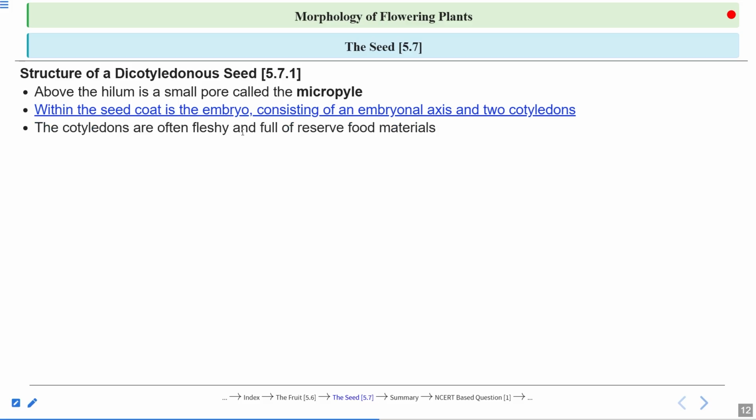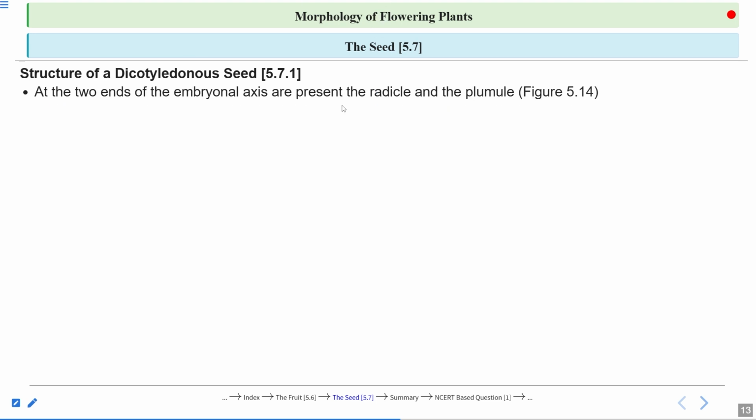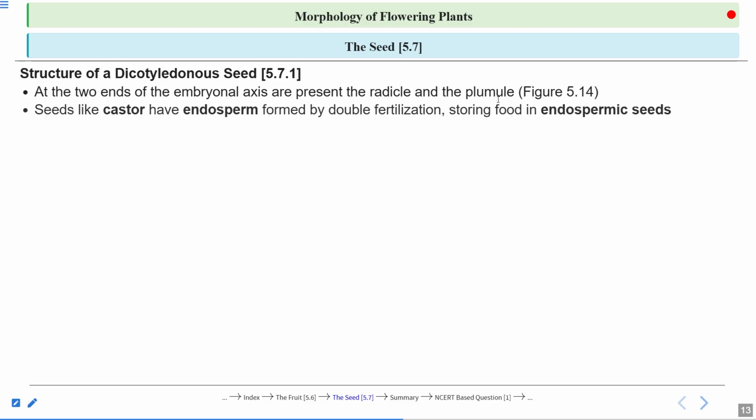The cotyledons are often fleshy and full of reserve food material, so that they can provide it to the developing embryo when the seed is germinating. At the two ends of the embryonal axis are present the radicle and the plumule. There is one axis called the embryonal axis, and the radicle and plumule are arranged there.